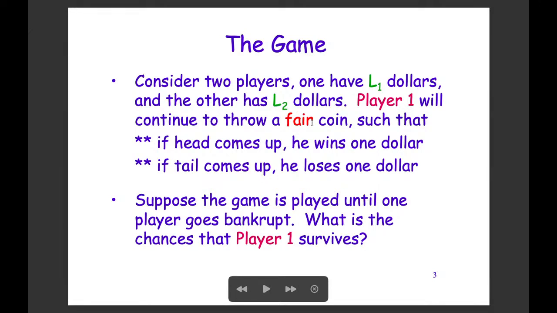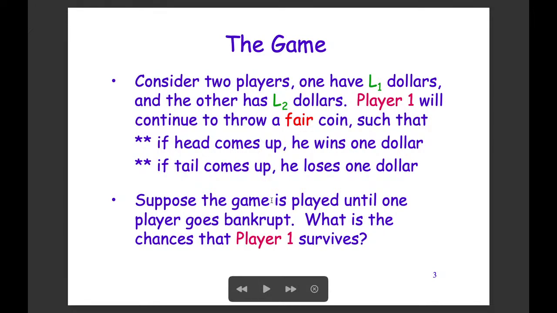If heads comes up, the first player will win $1, and if tails comes up, the first player will lose $1. So when he wins $1, the other player will get $1 fewer. On the other hand, if the first player loses $1, the second player will gain $1.